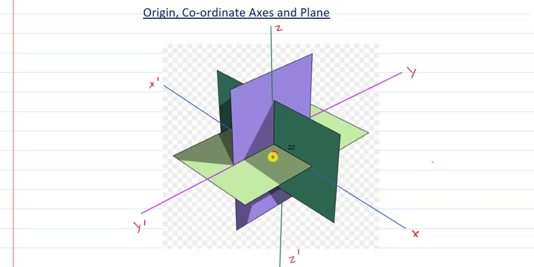Point O is called origin and lines XOX', YOY' and ZOZ' are called coordinate axes. XOX' is x-axis, YOY' is y-axis, ZOZ' is z-axis.